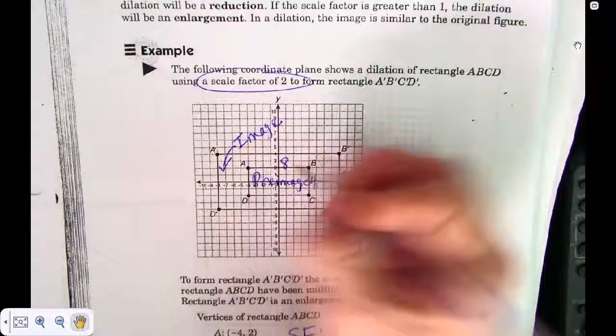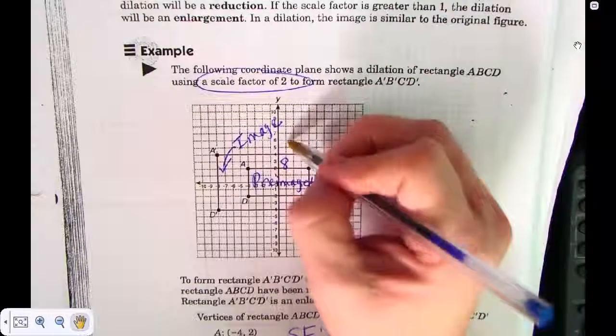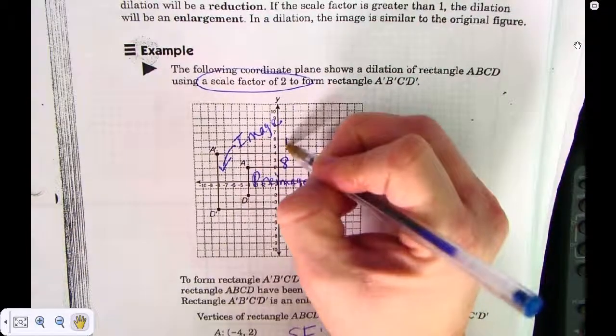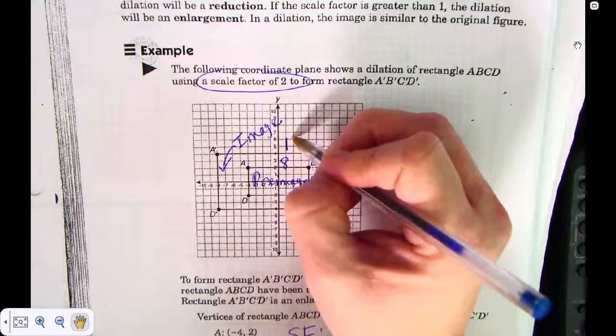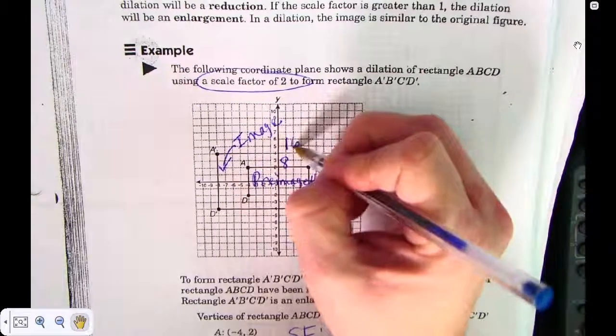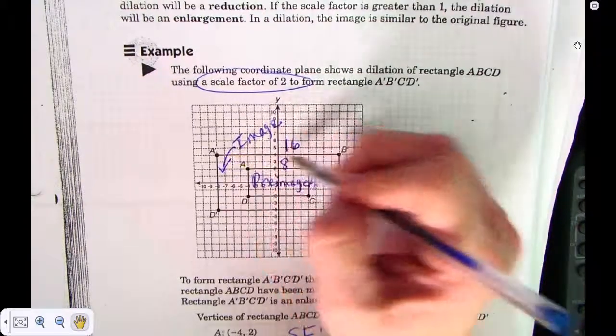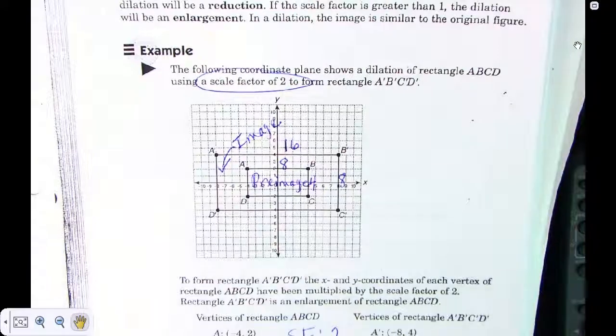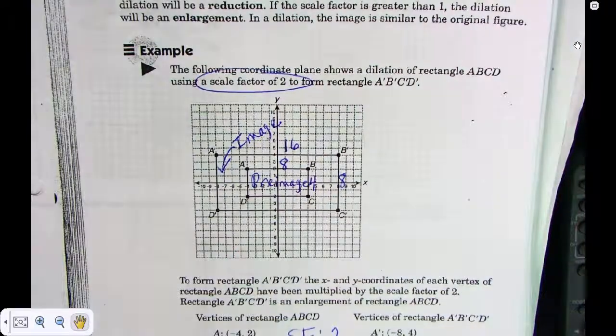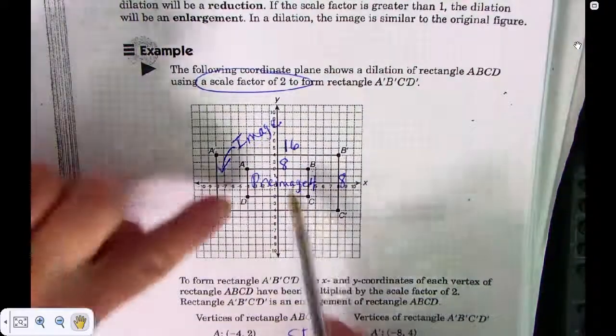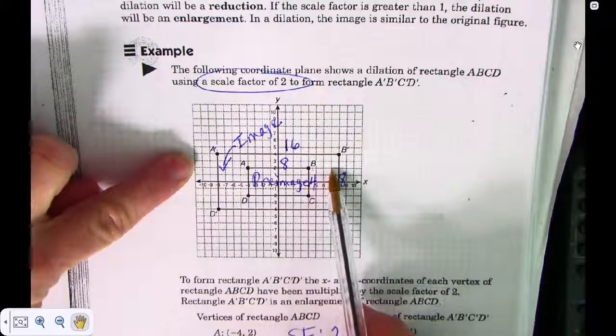What's that? 8. And count A prime, B prime. You already counted them? Or you just said 8 times 2 is 16? Well, we got to count them. Okay, 16. Good. So they made it 2 times bigger.